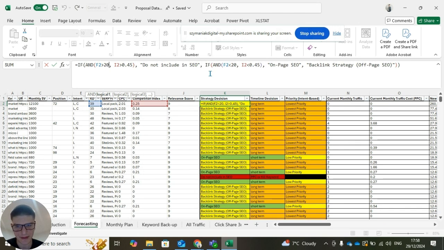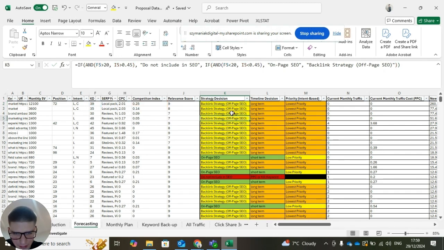In this scenario, if the keyword difficulty is high, above 20, and if the competition index is above 0.45, so nearly half, I'm going to say do not include in SEO. Let me look at on-page SEO.